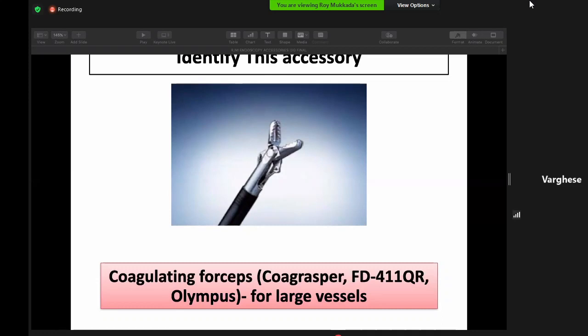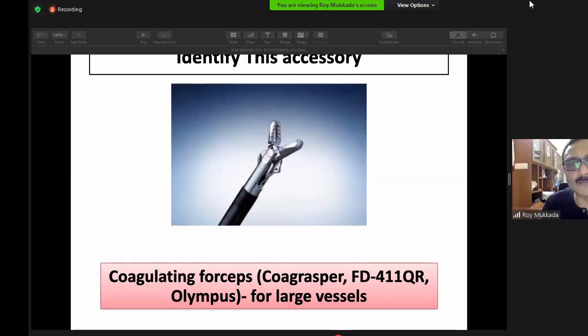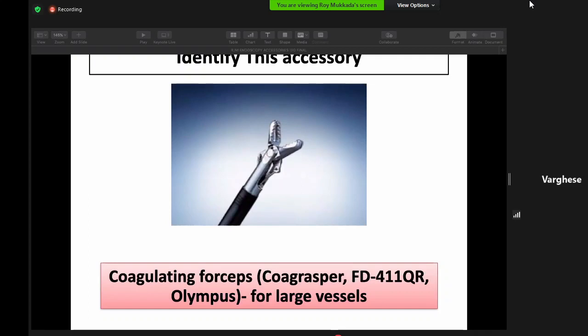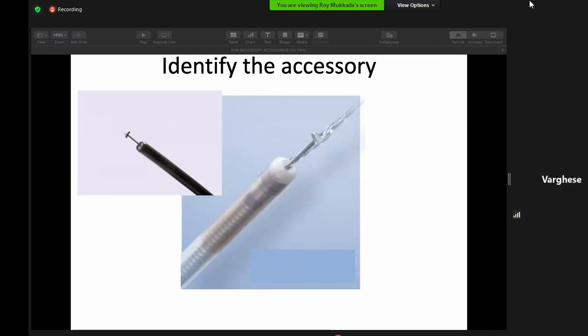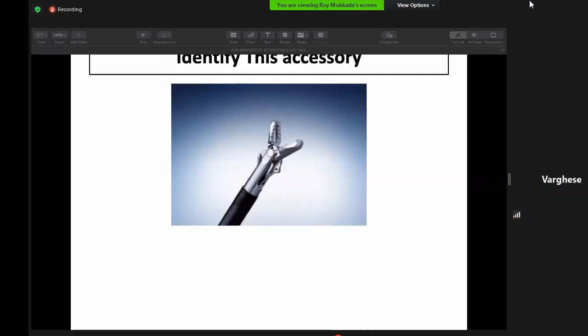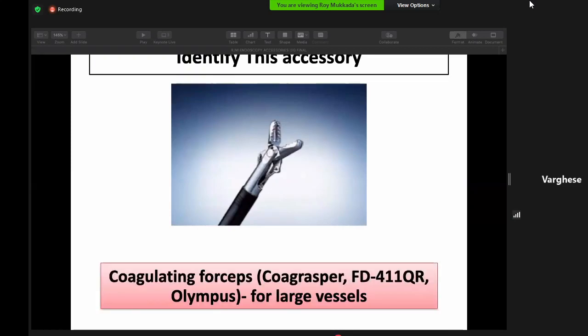When POEM was started, this was made, because it is one of the mainstays of the procedure. Any bleeding, without this, I think you can't imagine doing POEM. That is right. And of course, now that the device has come, it is also useful to control other types of bleeding also. So that has become useful to control most of the other indications which you mentioned.